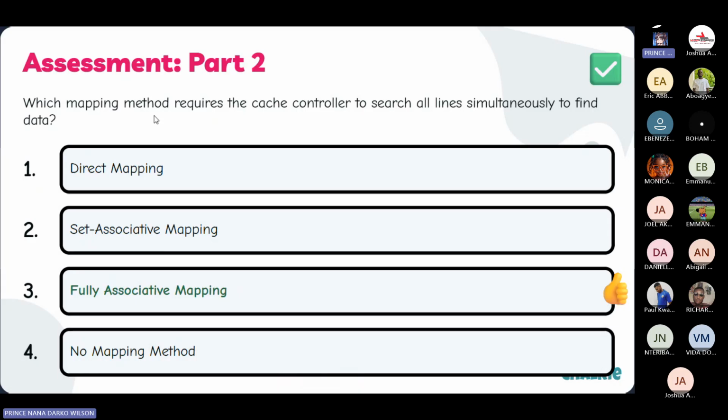So in set associative, we don't assign lines, we rather assign sets. Maybe the set you are assigned is set 1. In set 1, there is cache line 1, cache line 2, cache line 3, cache line 4. The data will now come and sit in any of these random cache lines. Maybe cache line 4. Remember, it picked a random cache line within a set to sit in.